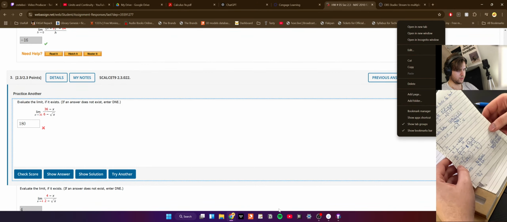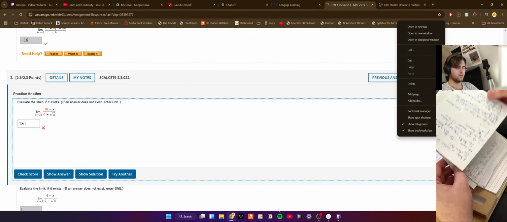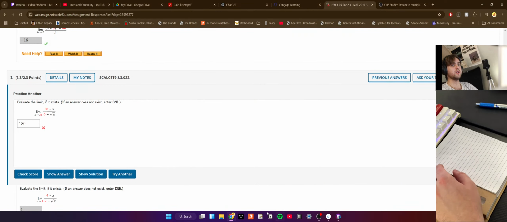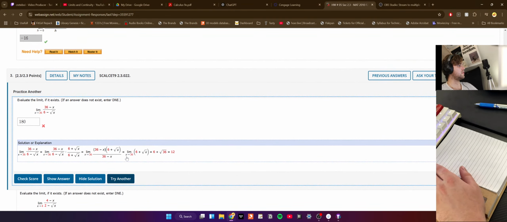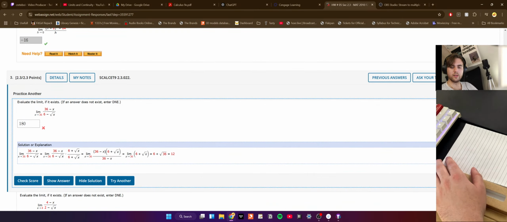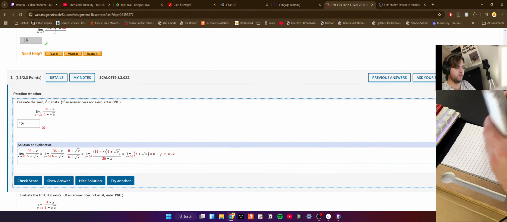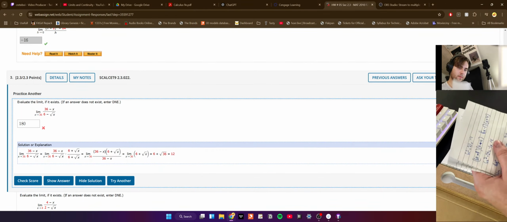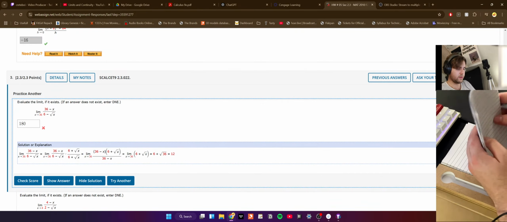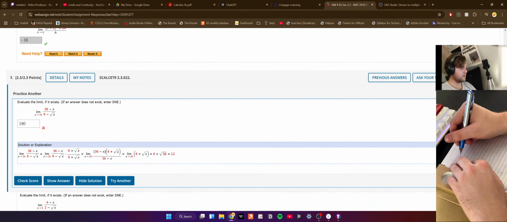X minus x plus 1. I'm gonna just show myself the solution and then do some practice myself. Okay, so that was correct. I just got the arithmetic of it wrong, I'm sure. Here, we can start on the back of this one. So let's get back to the point where we were at. 36 minus x over 6 plus square root of x.